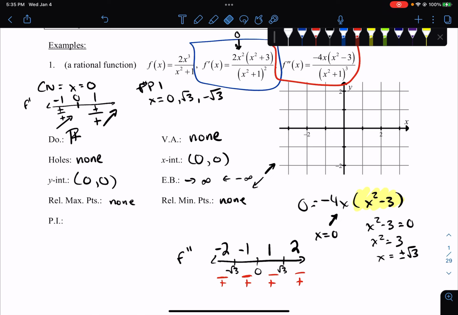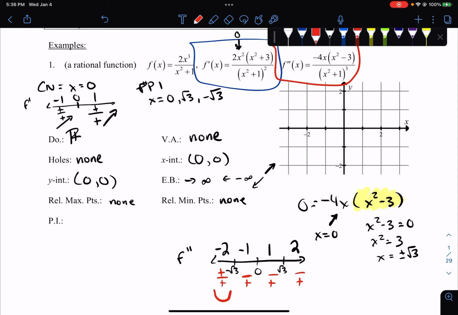So let's start with negative 2. If I plug in a negative 2 on the top, I end up with a positive 8 multiplied by negative 2 squared, which is 4. 4 minus 3 is a positive number. So I get a positive times a positive, which stays a positive. That means before negative square root of 3, my function is concave up.